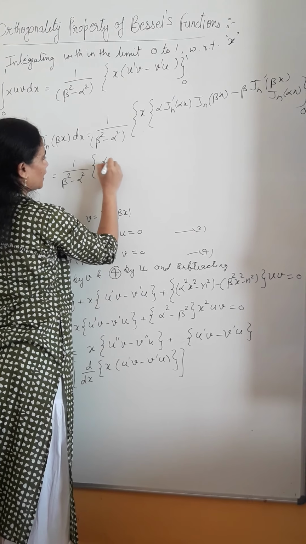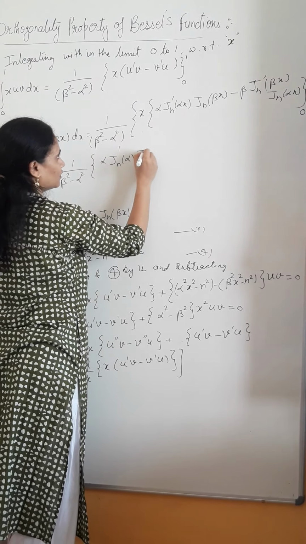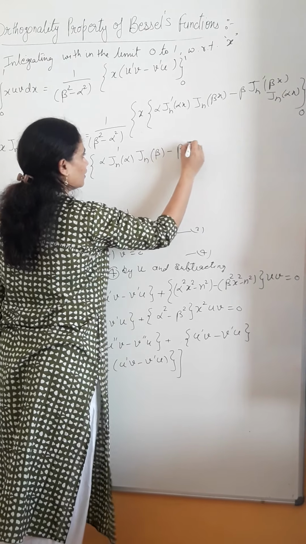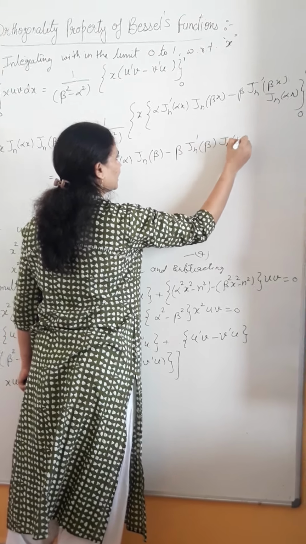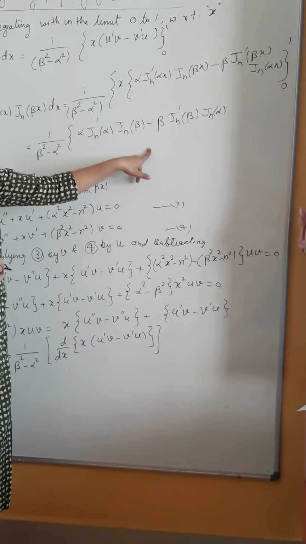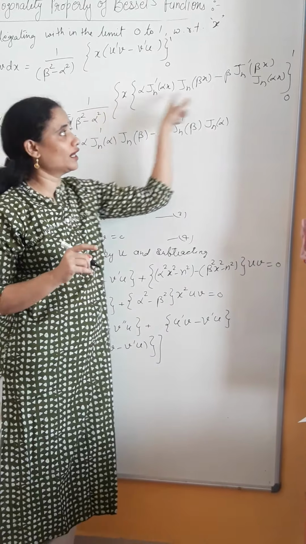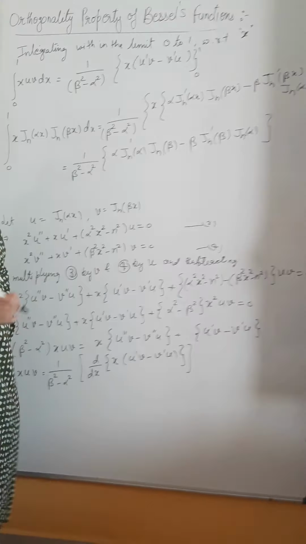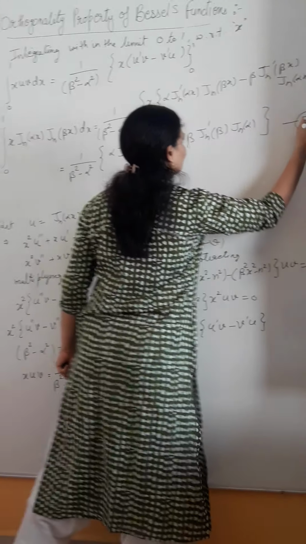So we are getting alpha J n dash alpha, since x is 1, and J n beta, minus beta J n dash beta and J n alpha. Then we substitute the lower limit, minus, when we put x equal to 0 here, that whole term becomes 0. So we get the resultant as this. Let's number it, equation number 5.